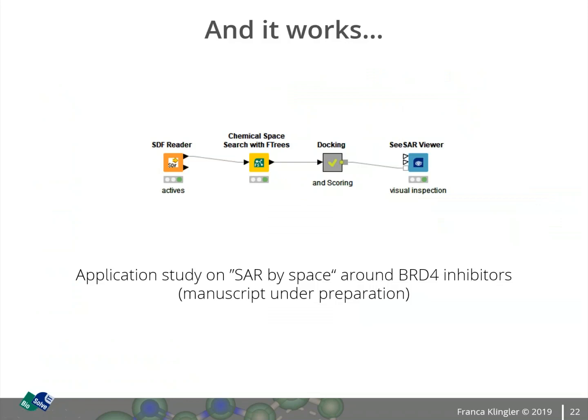I told you before, many companies use this for a long time, but as it is, there's hardly anything published in here. But we recently scanned for something I'm allowed to talk about. We've looked for an SAR by spacer approach around BRD4 inhibitors by taking some active molecules, searching them in the REAL Space, docking and scoring the molecules, inspecting them, selecting some, and really I've ordered them from the Enamine people, and I can say that from the 32 molecules I've ordered, 31 came back.